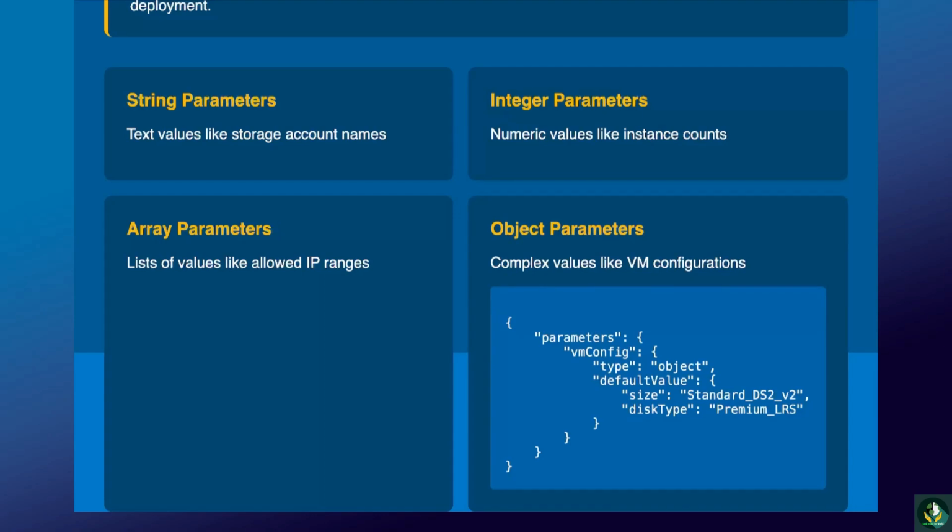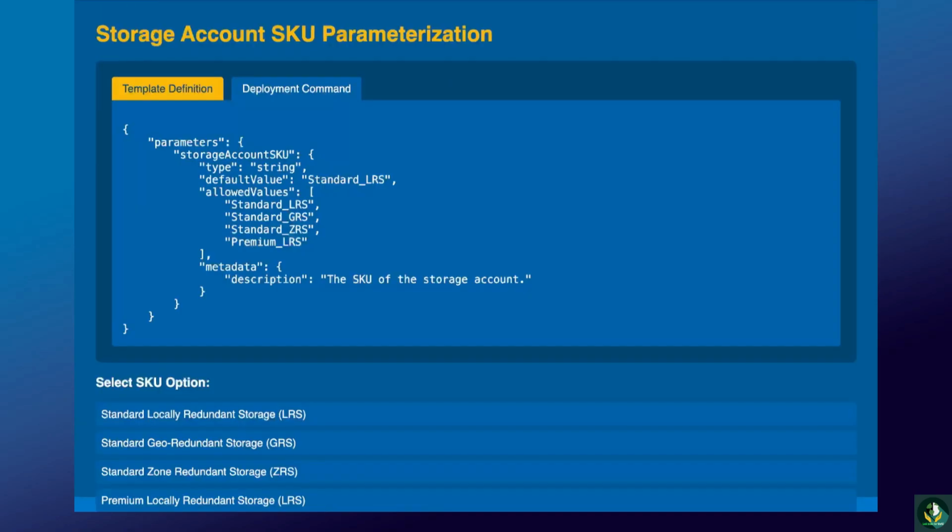The service processes these parameters during deployment, replacing placeholder values with the specific inputs you provide. This mechanism ensures consistent resource deployment while maintaining flexibility. Parameters commonly define settings such as resource names and tags, storage account SKUs, virtual machine sizes, network configuration, and resource locations. Let's take a look at our example and explore how to parameterize a storage account SKU in your template.